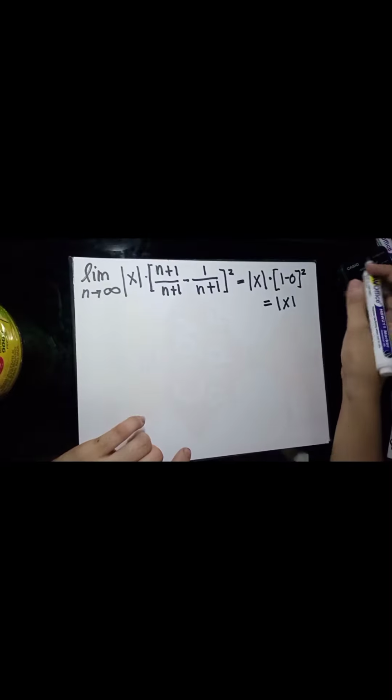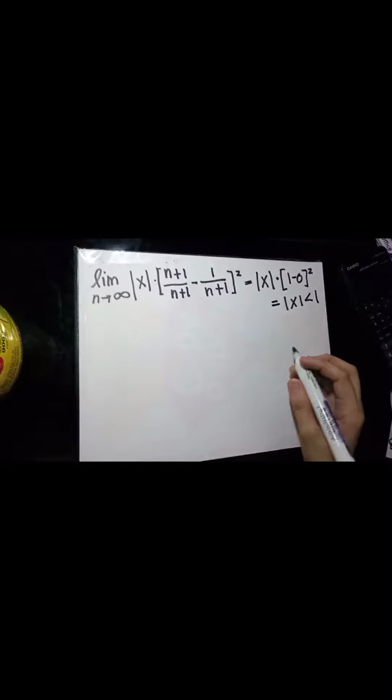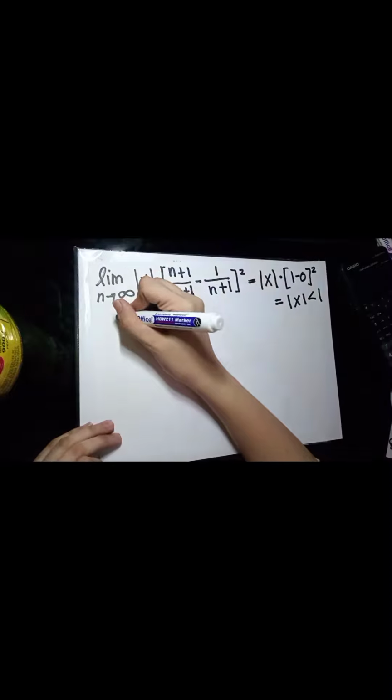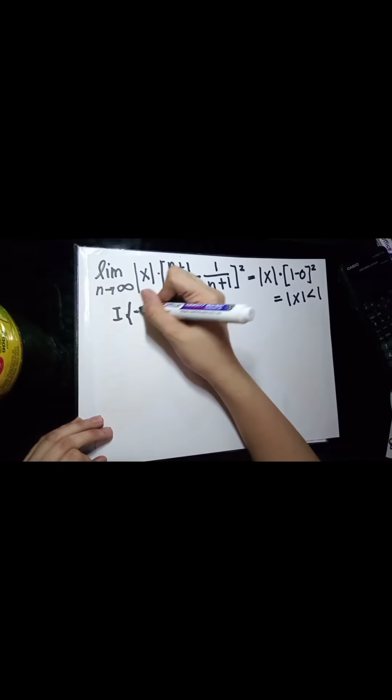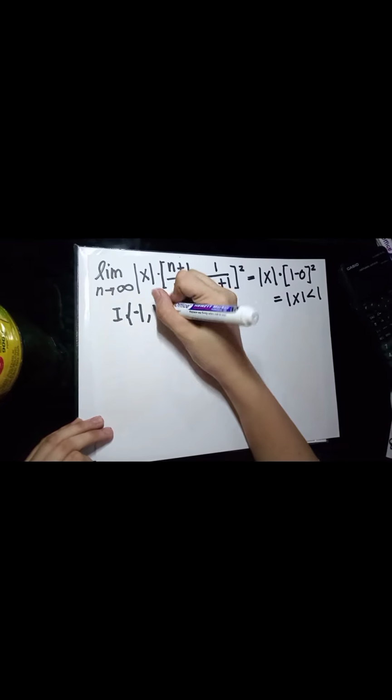So the series converges when the limit is less than 1. So therefore absolute x is less than 1. So the interval of convergence will equal negative 1 to positive 1.